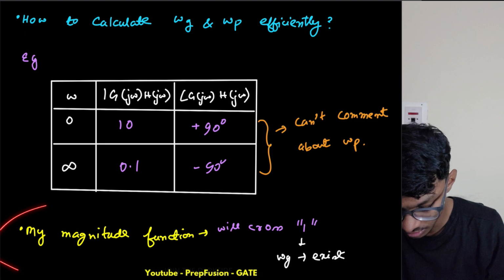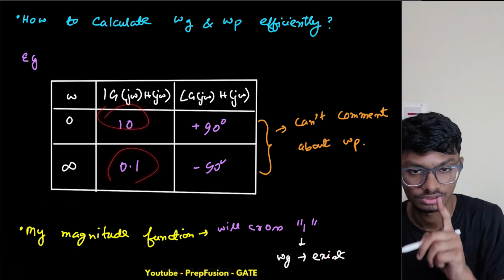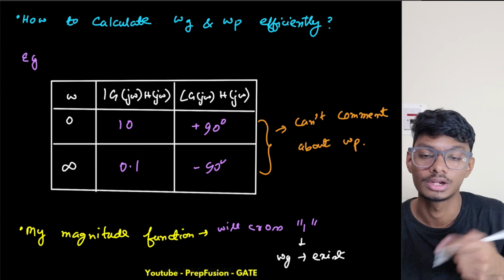I can definitely comment about omega g, because somewhere in between, this is a continuous function. As this is a continuous function, it will cross the 1.